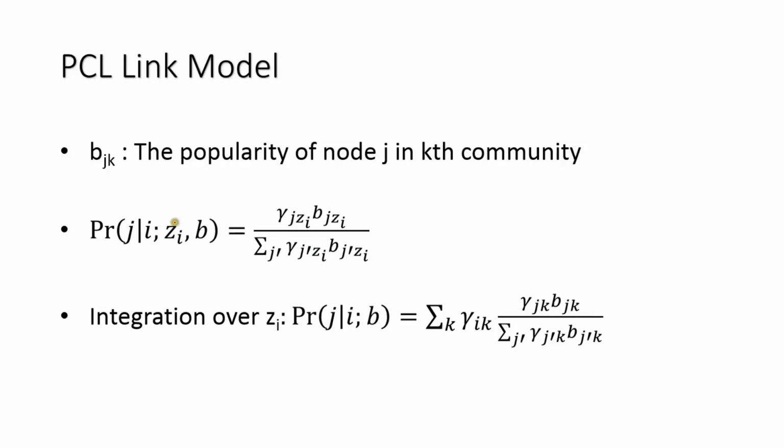If we take this into account, then the PCL model will treat the constant B as a matrix here, and also get the final link model. But this version will introduce more hidden variables, and so the computation process will be more complicated.